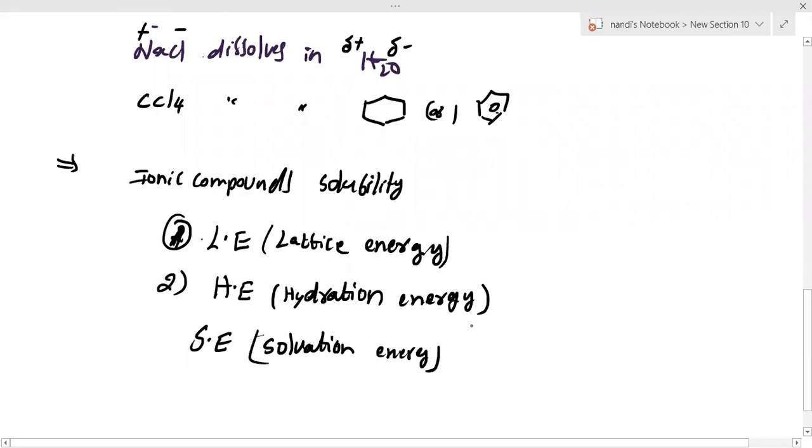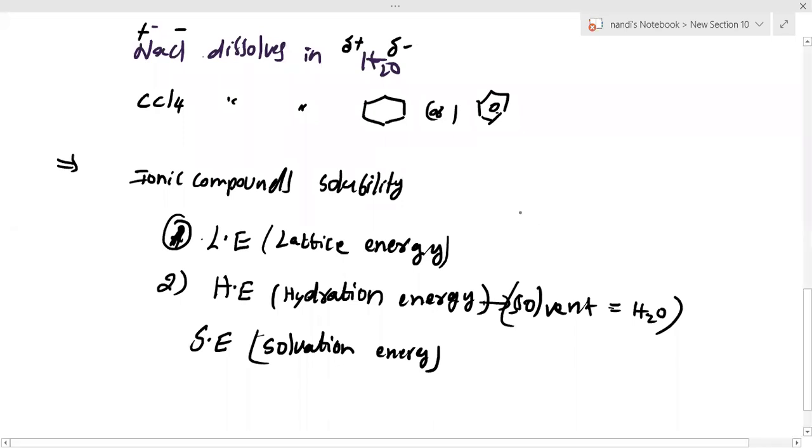When we are using hydration energy, the solvent should be water. Then only you can say hydration energy. Whenever the solvent is water, you can use the term hydration energy. Otherwise, if you are using other solvents, you can use solvation energy.